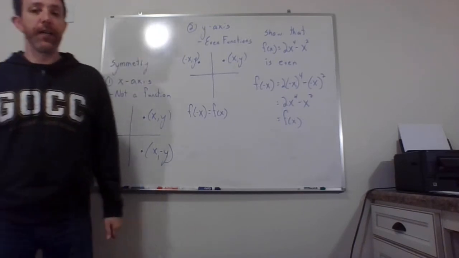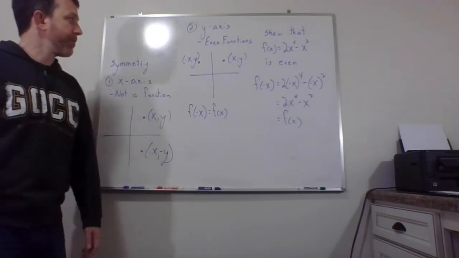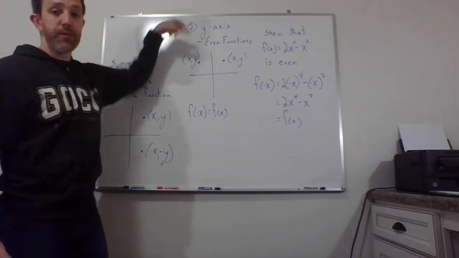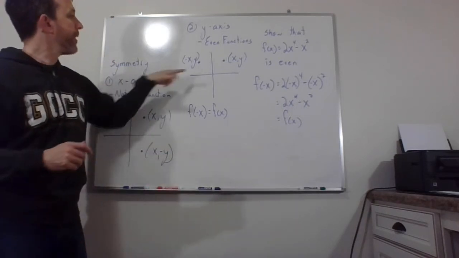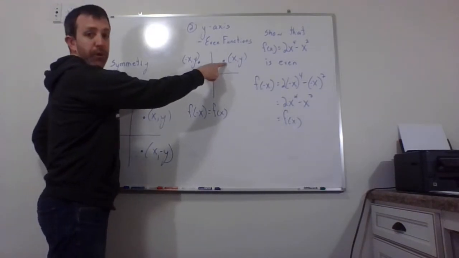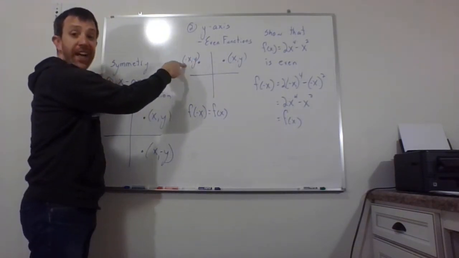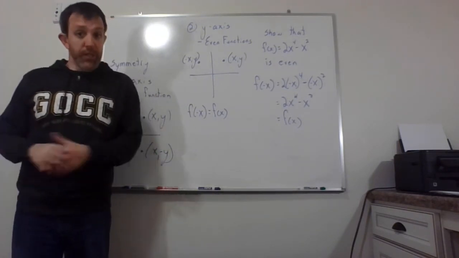The second kind of symmetry that we have is y-axis symmetry. This is way more useful and interesting to us. These kinds of functions are what we call even functions, and we'll see why here in just a second. So with y-axis symmetry, what it means is anytime you have a point (x, y), you have to have the opposite of x, y on the graph. Now this is a function, right?